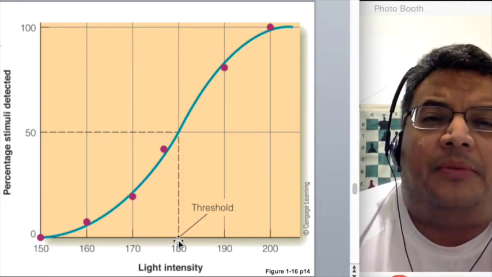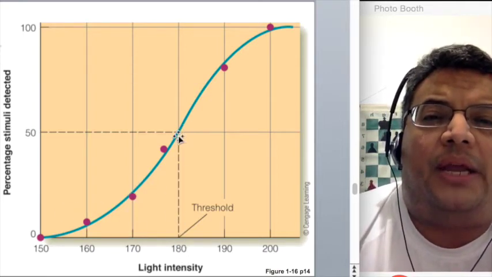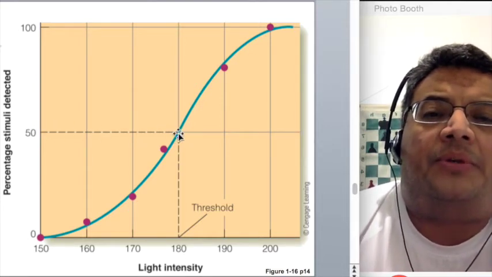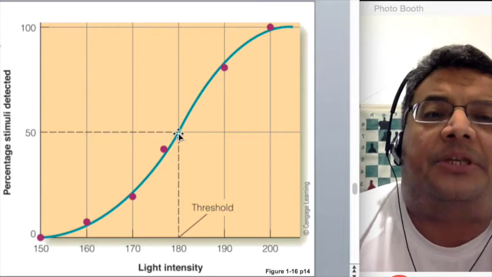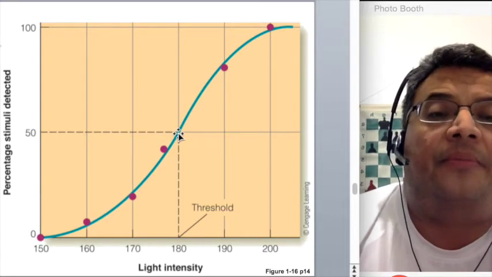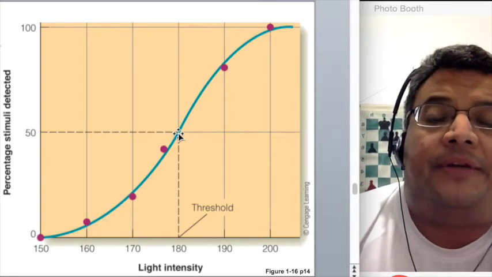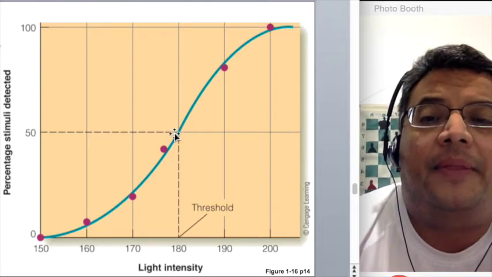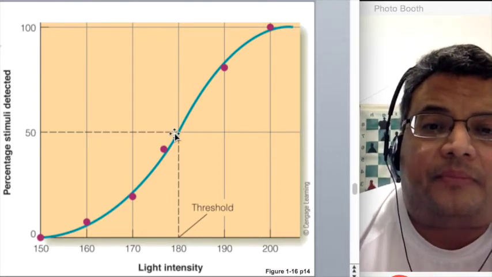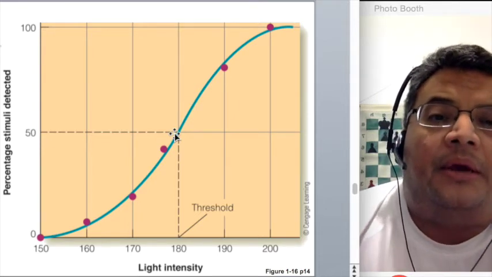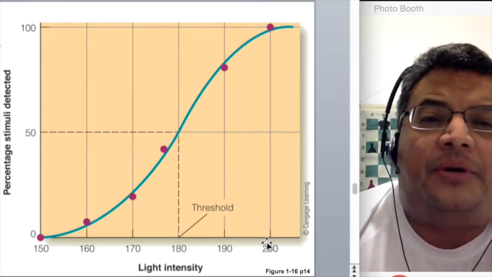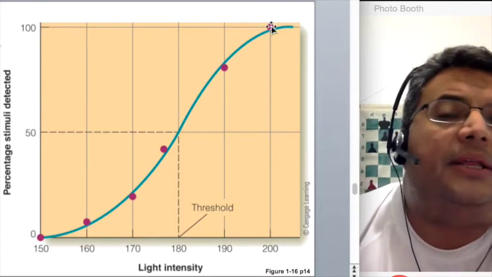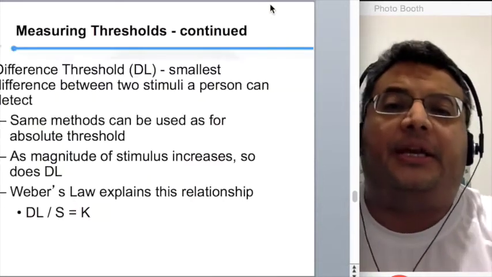All the way up to about 180. When you get to 180, that's when you're able to see that stimulus about half the time. On average, half the times you'll see it, and half the times you won't see it. That's the threshold we're talking about here. Of course, once you get to the 200 level of intensity, it's detected 100% of the time, meaning that's as bright as it can get.